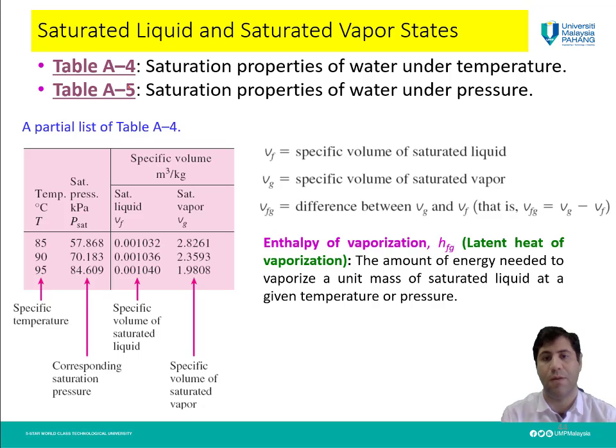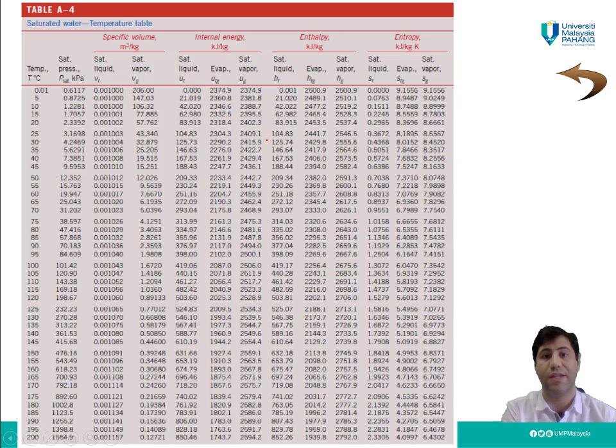We have different tables, and if you go to the end of your textbook, you will see these different tables. Let me show you those tables briefly. I will also upload them, and you will find these tables in the notes for the subject.